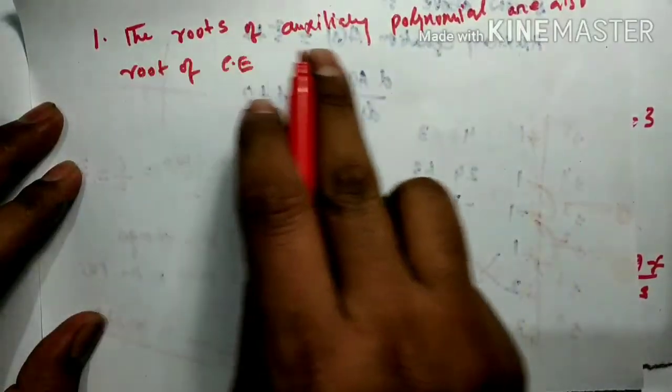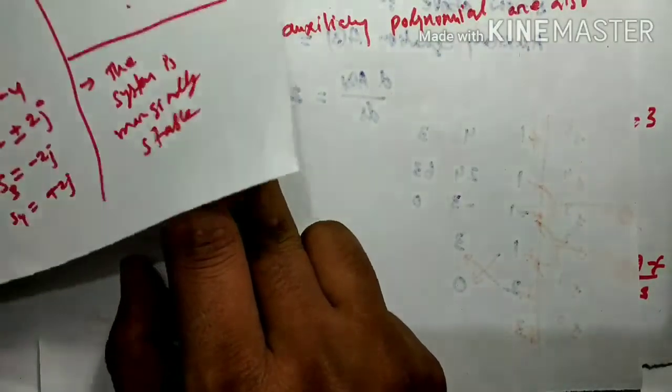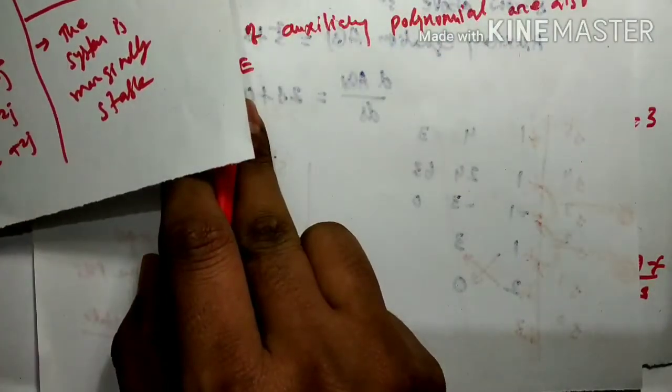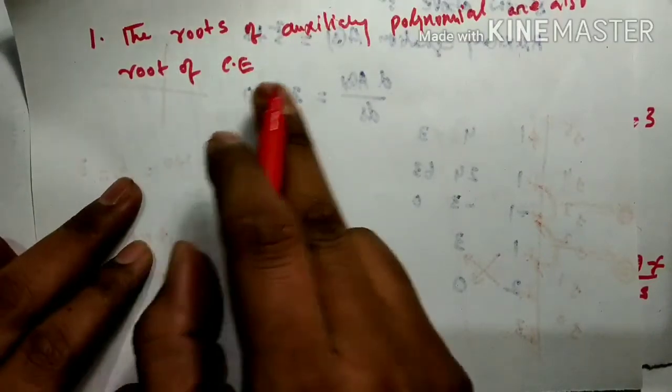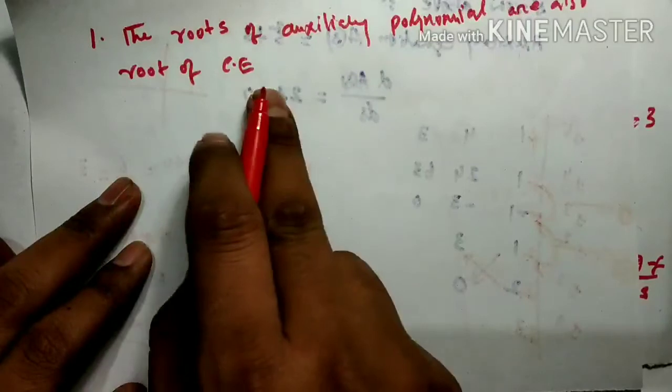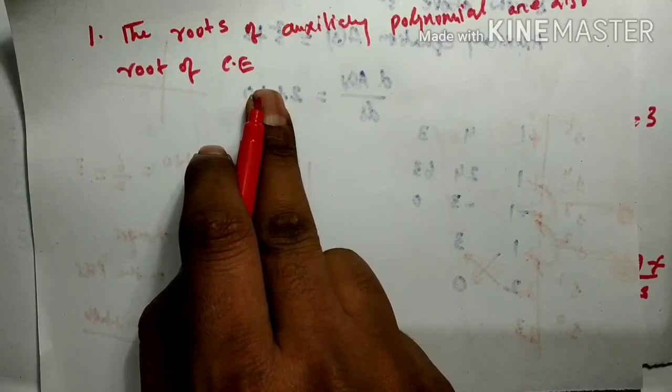What are the roots of the auxiliary polynomial? These 4 roots are from the auxiliary polynomial. So these roots of the auxiliary polynomial are also roots of the characteristic equation. We got the 4 roots from the auxiliary equation.